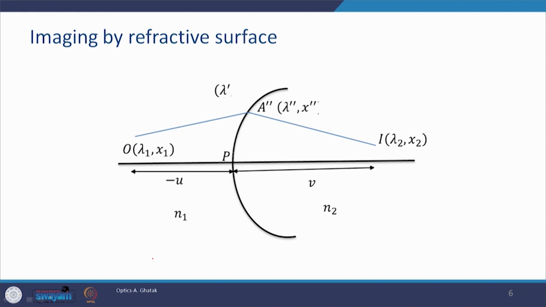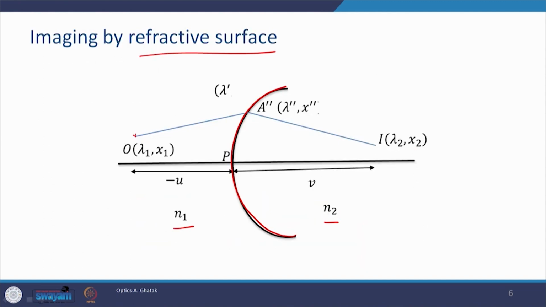But in this case, we will implement the matrix method for a very simple case of a single refracting surface. Now, this curve represents the refracting surface. This refracting surface divides two media of refractive index N1 and N2.